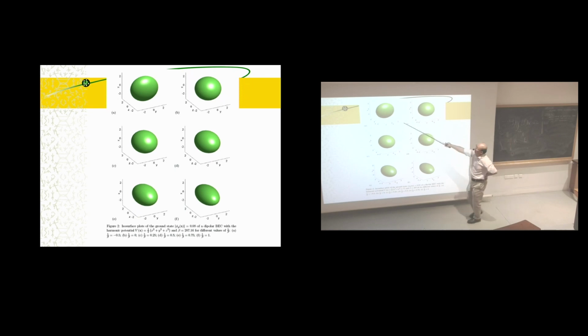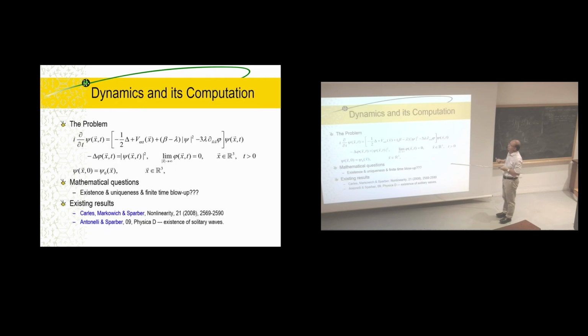You can see lambda equal to minus beta over 2, lambda equal to 0, lambda equal to a quarter of beta, half beta, 3/4 beta, and lambda equal to beta. When lambda equals 0, the isosurface plot is a sphere. However, when lambda equals beta, you can see the ground state is aligned to the dipole orientation.